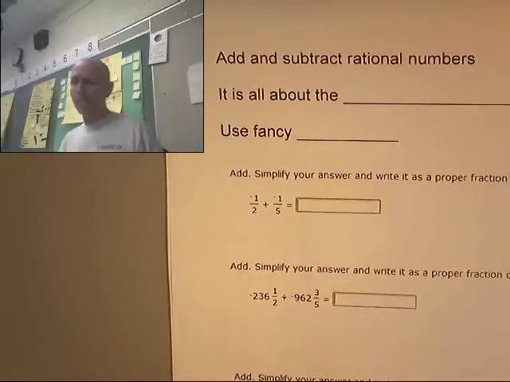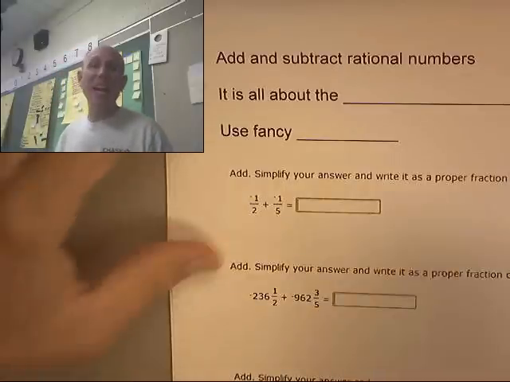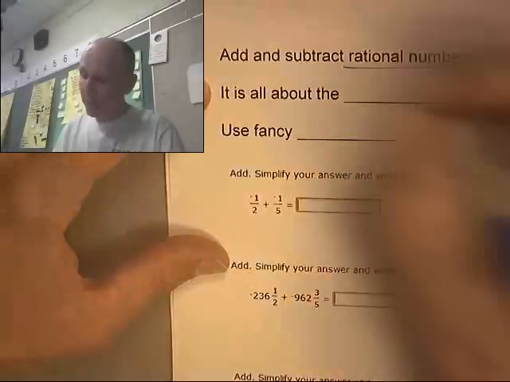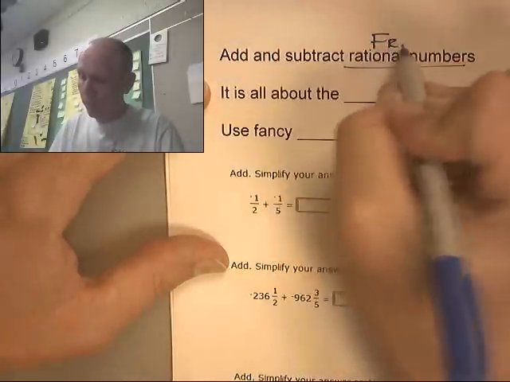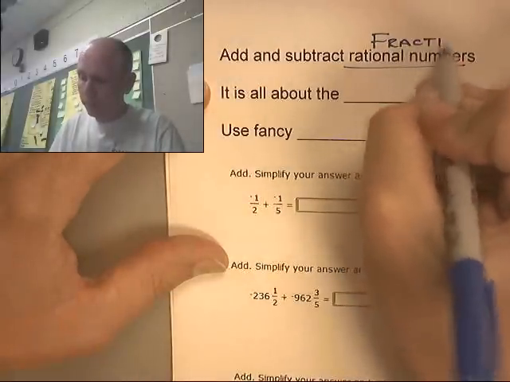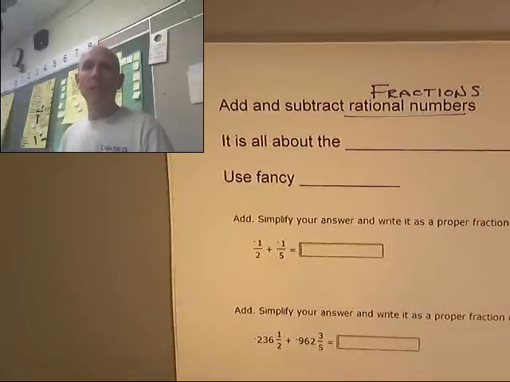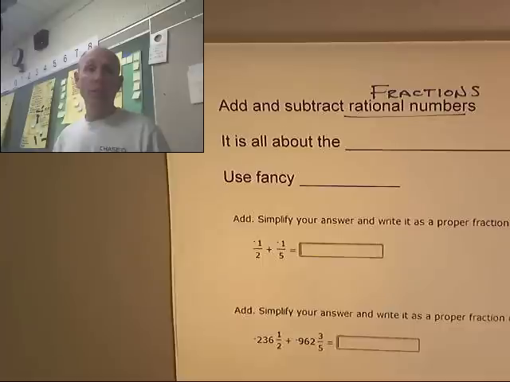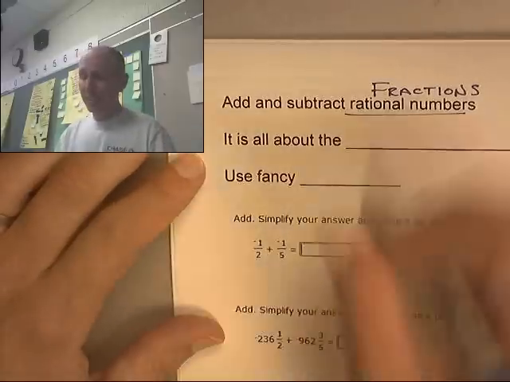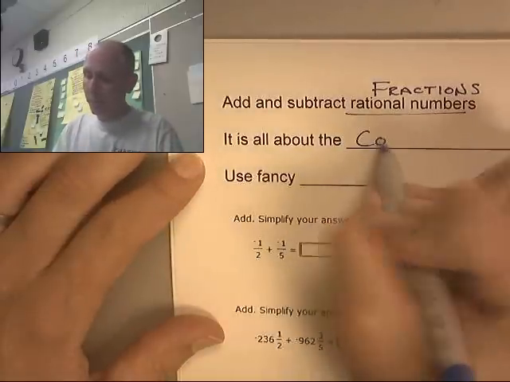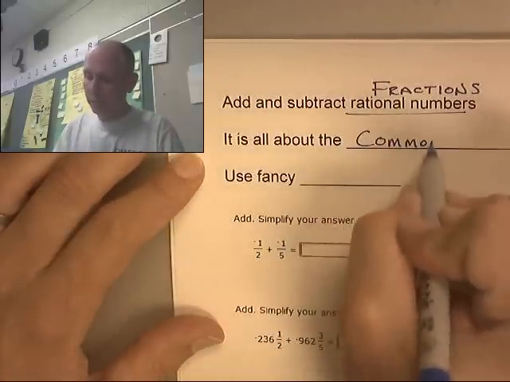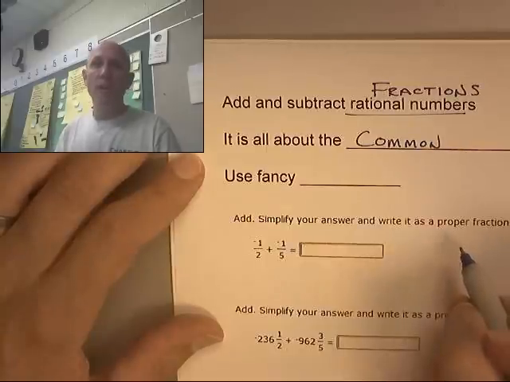Let's talk about adding and subtracting rational numbers. Rational numbers, that is a fancy way of saying fractions. And if you go back into other math classes where you learned about fractions, you know that when I'm adding or subtracting fractions, it is all about the common what?